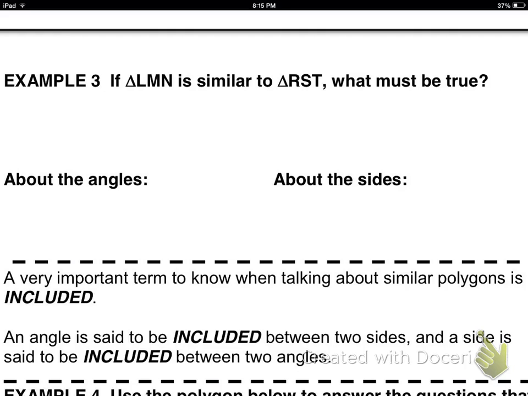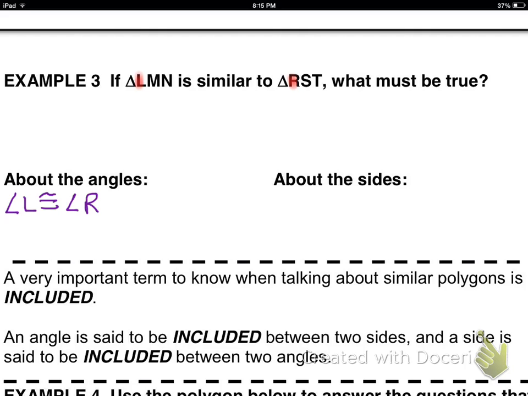Well, first of all, about the angles, we can say that angle L is congruent to angle R. Notice where the letter L and the letter R lie in their respective names.